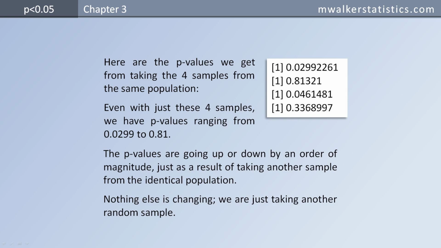Here are the p-values we get from taking the 4 samples from the same population. Even with just these 4 samples, we have p-values ranging from 0.0299 to 0.81. The p-values are going up or down by an order of magnitude just as a result of taking another sample from the identical population. Nothing else is changing. We are just taking another random sample.